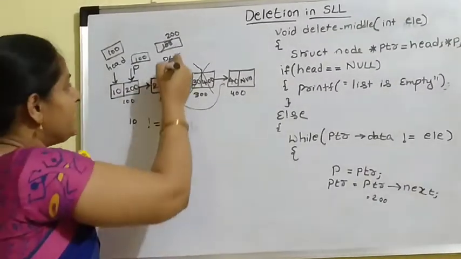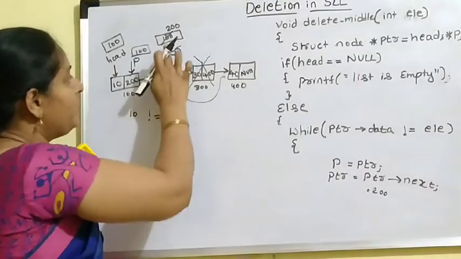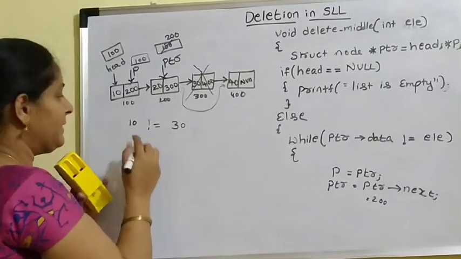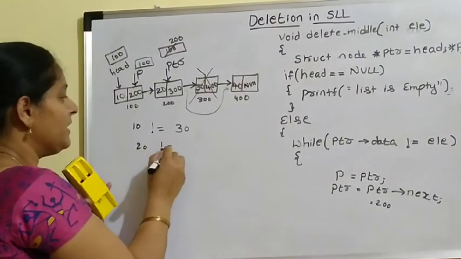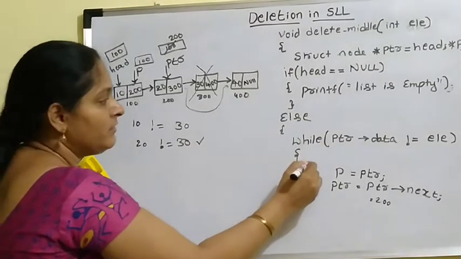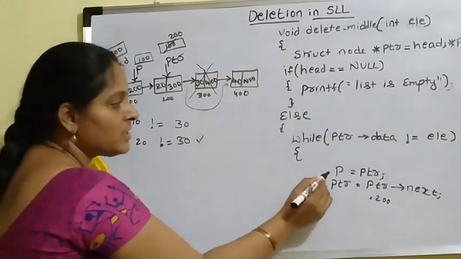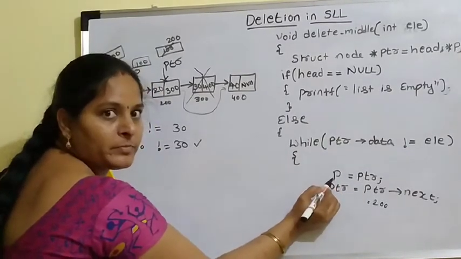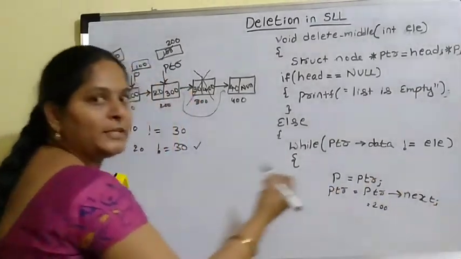Now at this position, again compare PTR data with the deleting element. PTR data is 20, which is again not equal to 30. Again the condition is satisfied and we enter the while loop. Inside the while loop, we give the PTR address to P and move PTR to the next position.